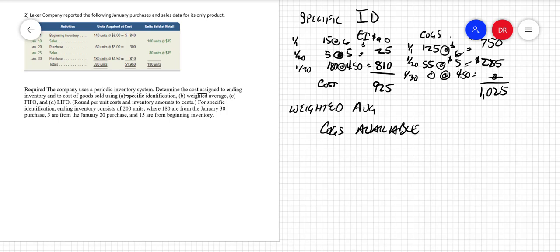Actually, it should be just cost of goods, but anyways, cost of goods available. If we look at this in total, it's this $1,950 right here.